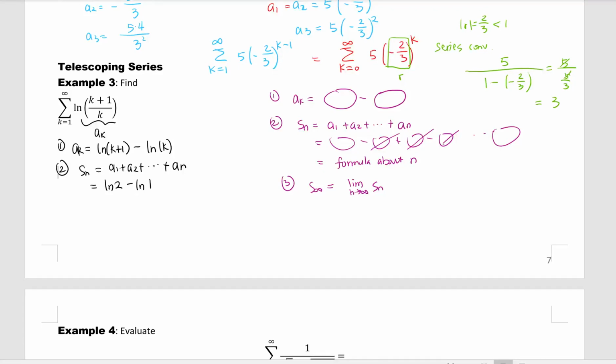So this is A1. And then A2, when you plug in k is 2, we get ln of 3 minus ln of 2. So that is A2. Plus ... What is the last term? Well, the last term is A sub n, so you plug in k equals n.